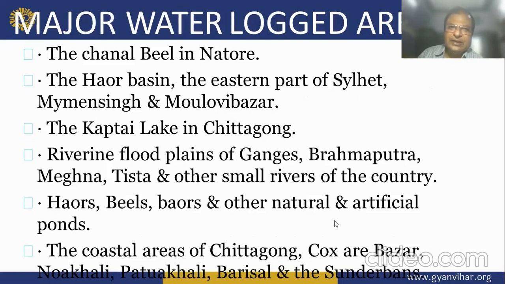The channel built in the north, the Haor Basin, and the eastern part of Sylhet, Moulvibazar also included. The Kaptai Lake in Chittagong, and the flood plains of the Ganga, Brahmaputra, Meghna, Tista and other small rivers of the country.